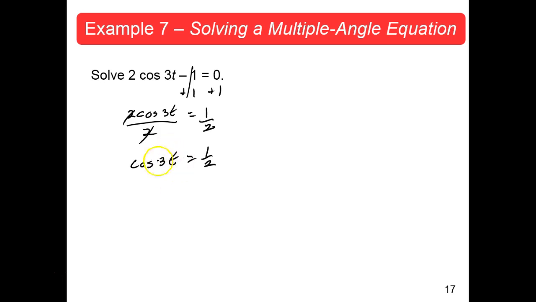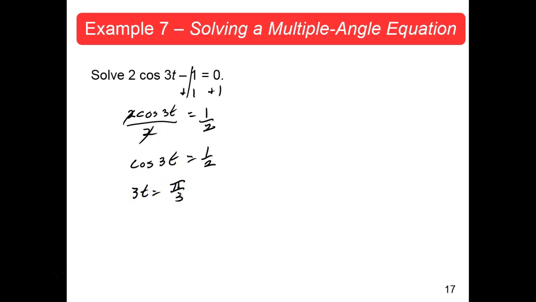What does that mean 3t must be? Where is cosine equal to 1/2? And on this one, they don't give any limitations on it, so we're going to have to do those in 2 n pi type thing. So what value of 3t would make cosine 3t equal 1/2? Pi thirds. So 3t is equal to pi thirds.